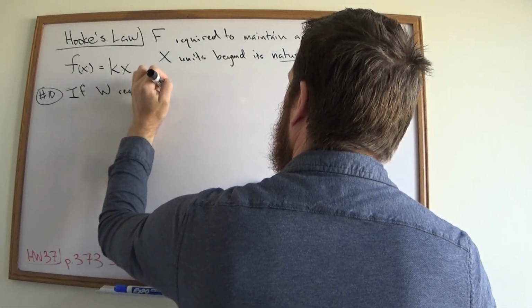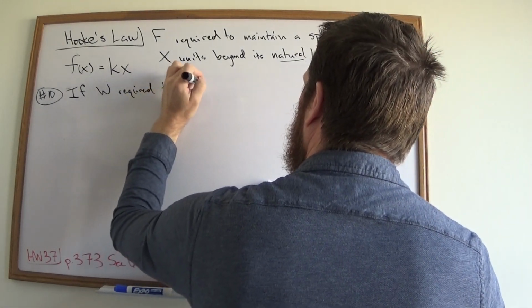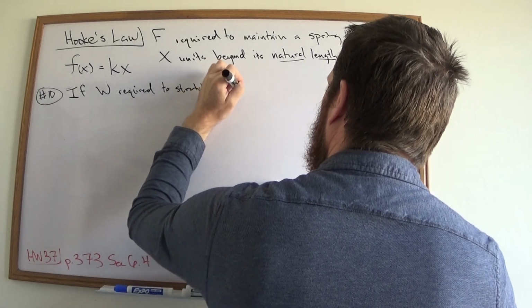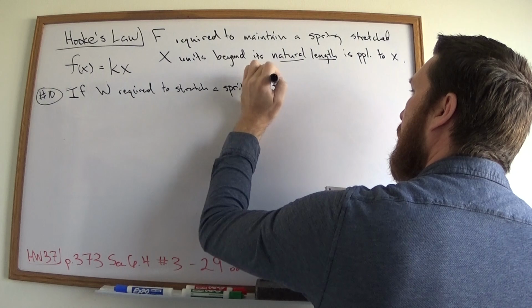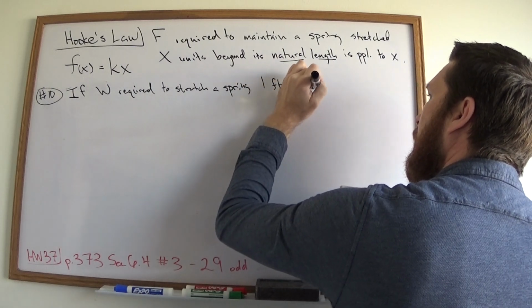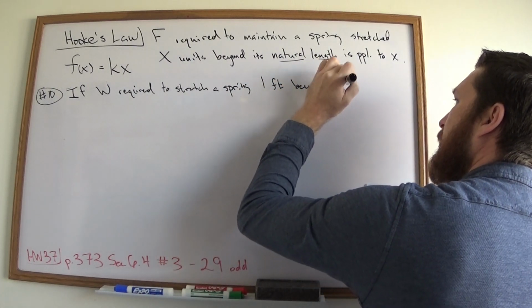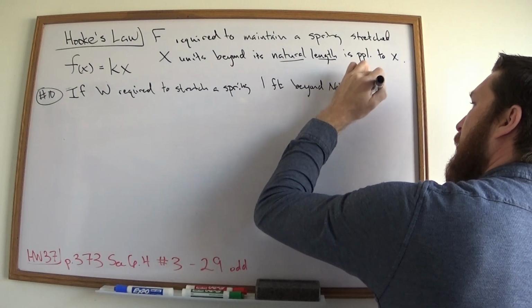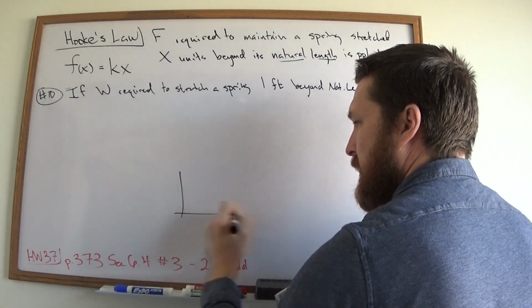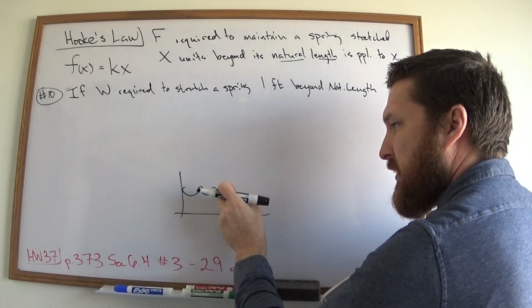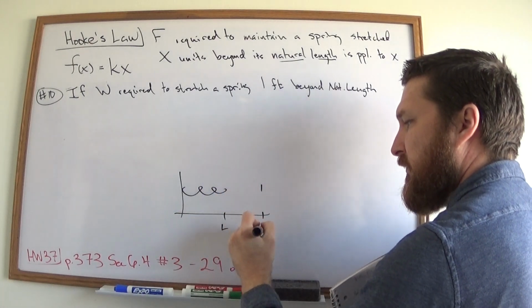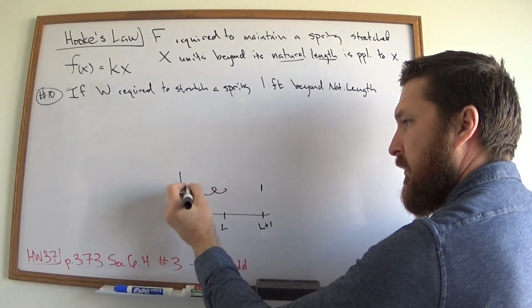to stretch a spring one foot beyond its natural length. So I'm already imagining you have some spring. It has some natural length, L. And now we're talking about stretching it 1 foot beyond that.